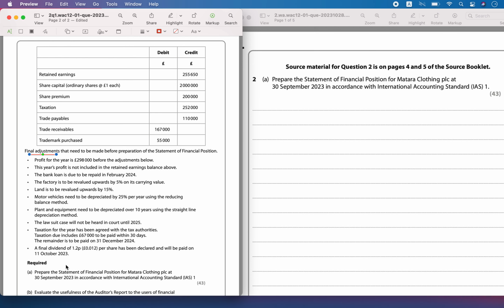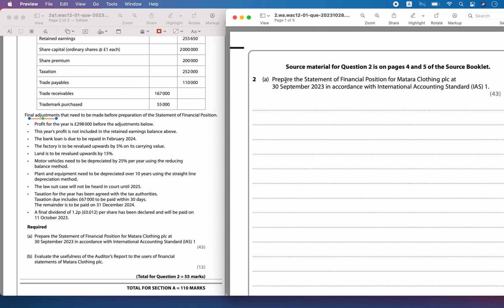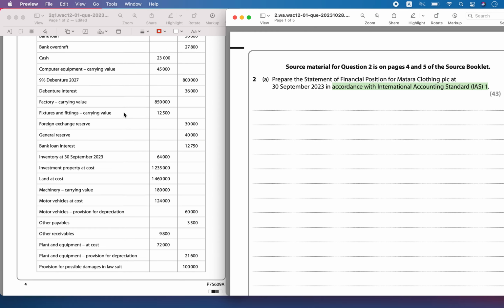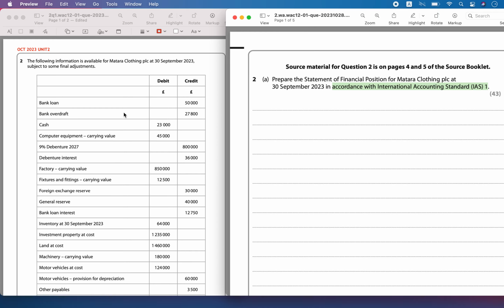Okay, and then after the adjustments you are being asked to prepare the statement of financial position for Matara Clothing PLC at 30th September 2023 in accordance with International Accounting Standard IAS 1. So now let's prepare.